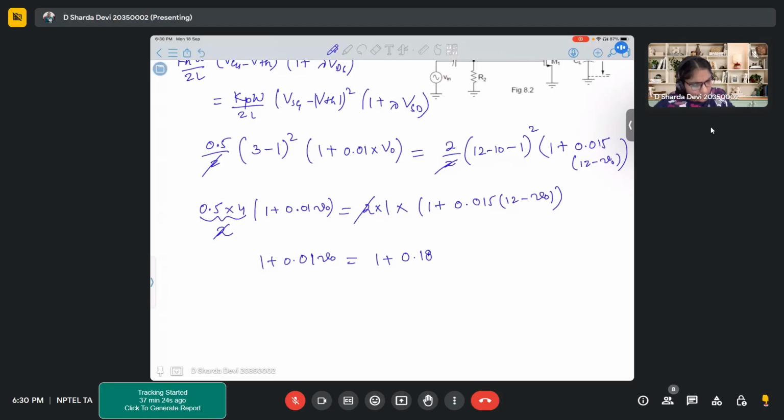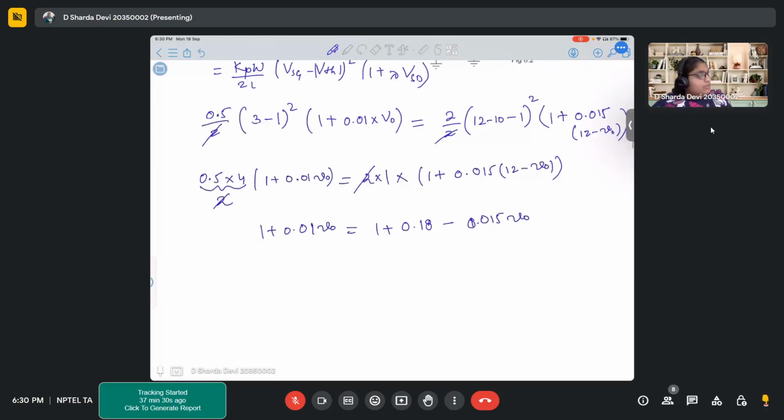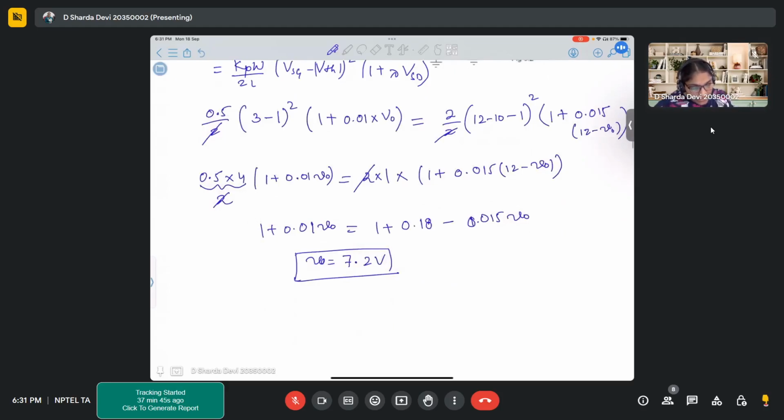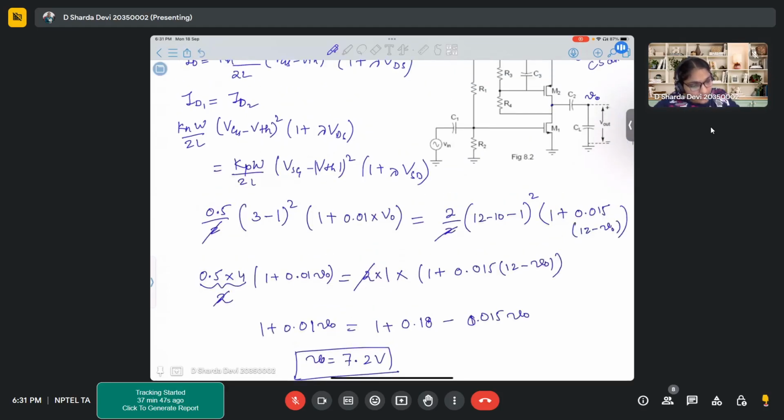Yes, ma'am. Okay, 0.18 minus 0.015 V0. So from here, the value of V0 that we get is 7.2 volts. So here we have got that the value of V0 is 7.2 volts.